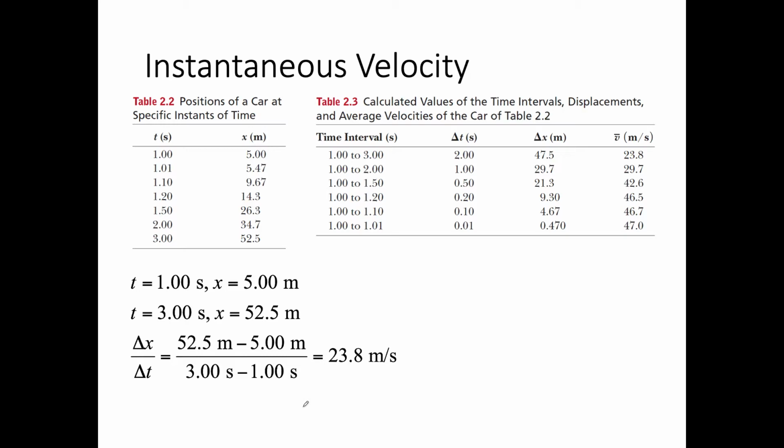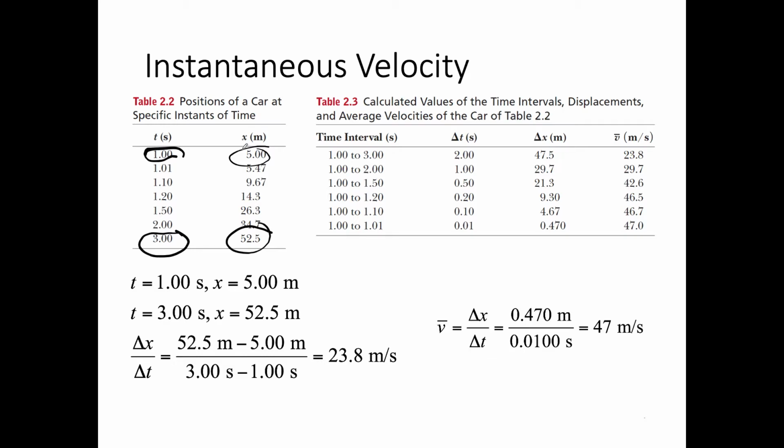So here, by definition, it gives us the average velocity from 3 seconds to 1 second. That's the final position and that's the initial position. And now we just need to find a very small time interval.